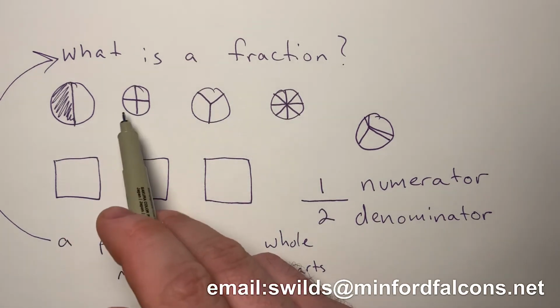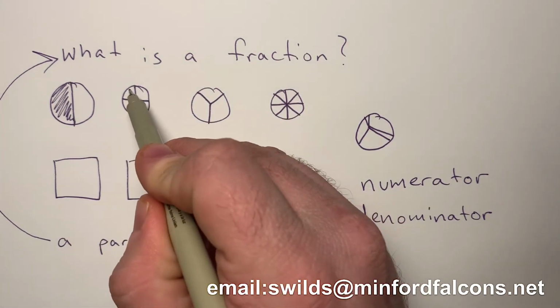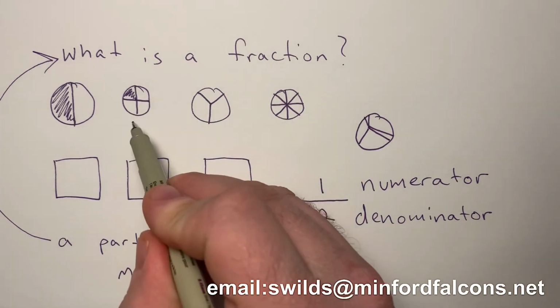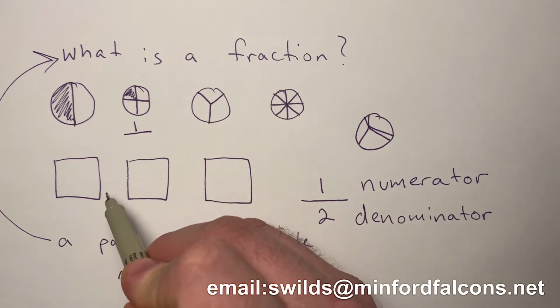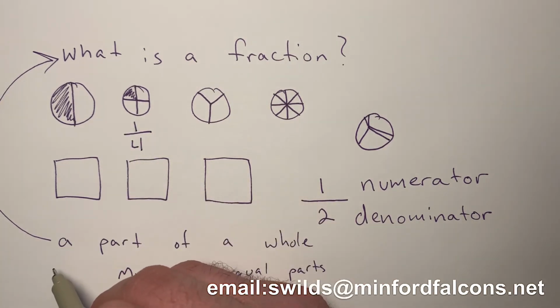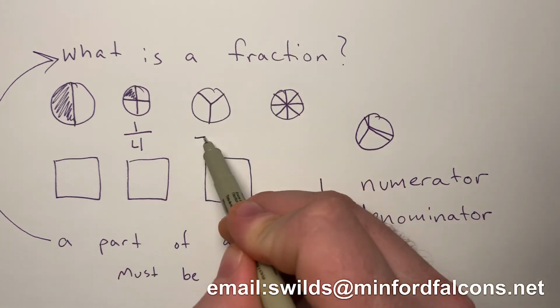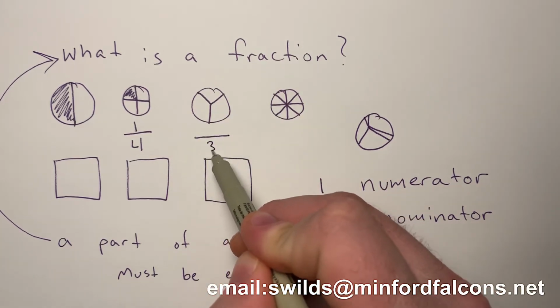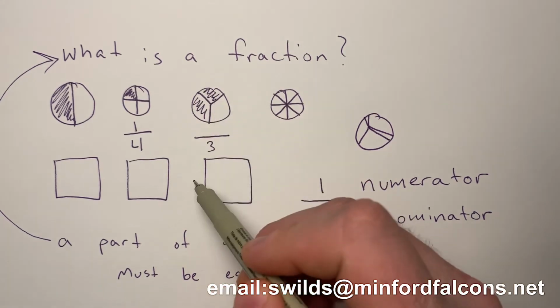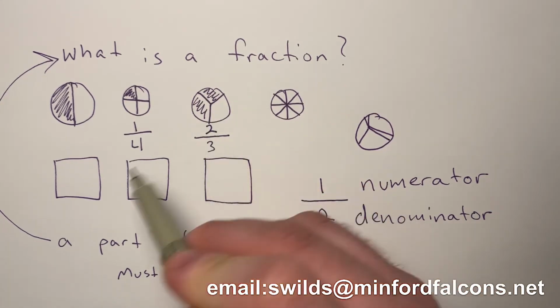Now how about here? Let's say I go 1 there. Well, 1 of how many parts? 4. Good job. Then I go here. How many parts do I have all together here? Well, I have 3. But let's say I shade 2 there. So now I have 2/3.